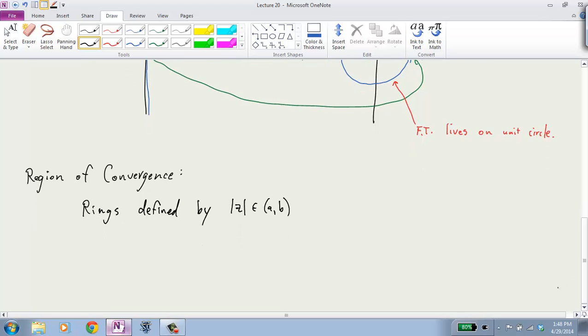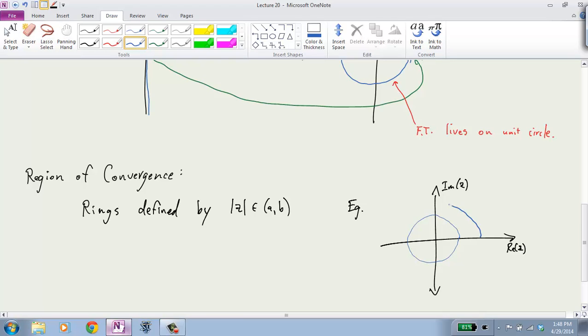So in other words, we'll get things like this example. Here's the real part of z. Here's the imaginary part of z. And you might have a region of convergence that is between two circles defined by absolute values of z. And the z transform may only converge in this set of z values.